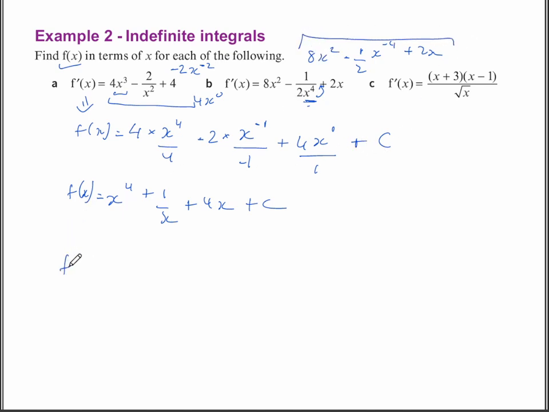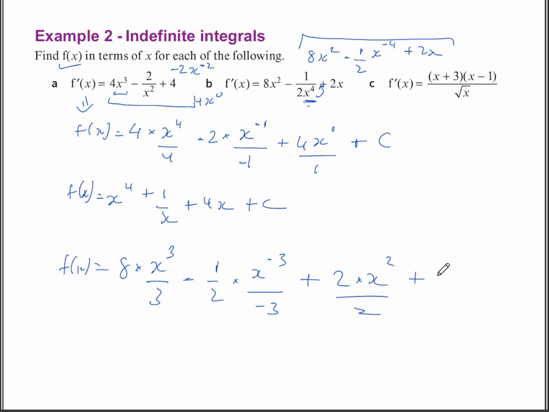And for the starters, we'll have f of x is equal to 8 times x power 3 over 3, because n plus 1. Then minus a half times x power negative 3 over negative 3, negative 4 plus 1. And then plus 2 times x power 2 over 2.